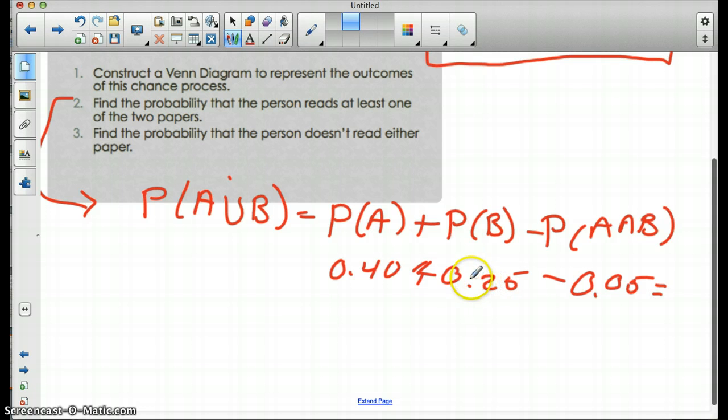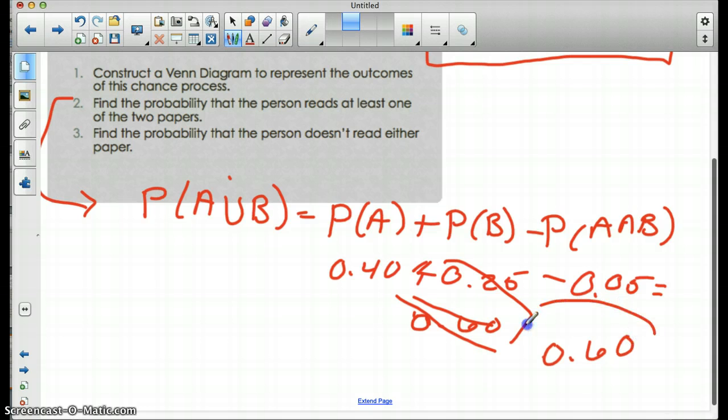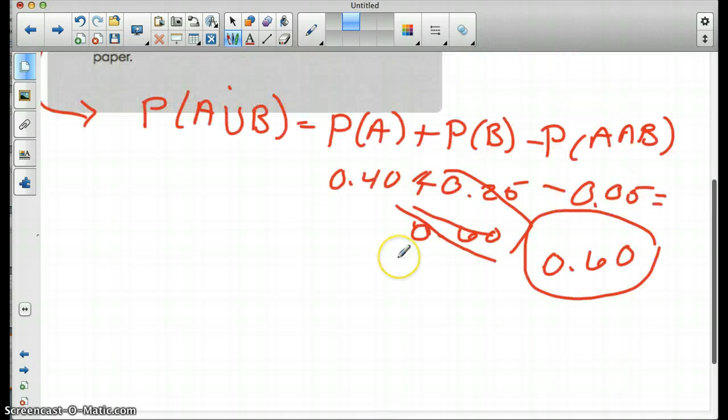Which is 0.60. So the probability that a person reads at least one of the papers is 60%.